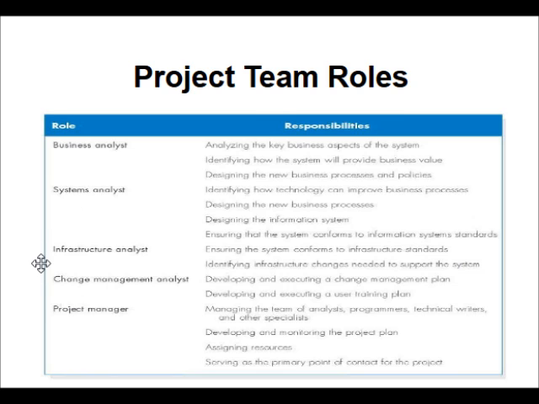The infrastructure analyst's responsibilities are ensuring the system conforms to the infrastructure standard and identifying infrastructure changes needed to support the system. The change management analyst is responsible for developing and executing a change management plan and a user training plan.